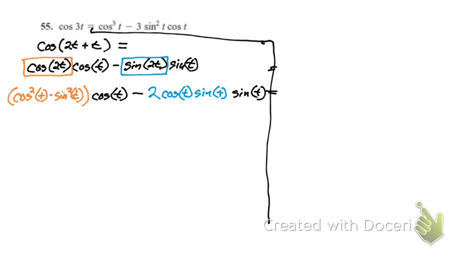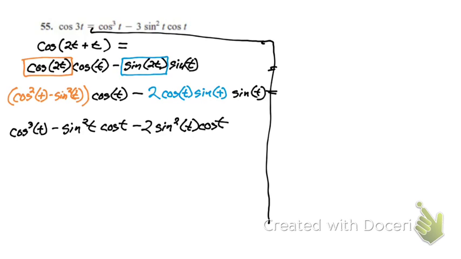All right, now we just simplify. I distribute that cosine t. That will give me cosine cubed t minus sine squared t cosine t minus, I multiply that sine t times that sine t, and I'm left with 2 sine squared t cosine t. Put my parentheses in all of them.